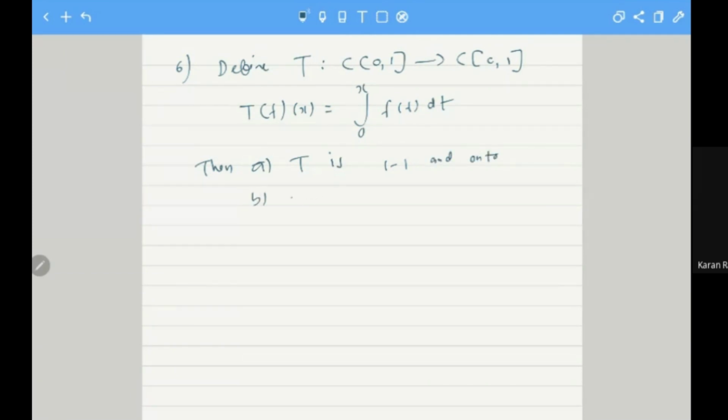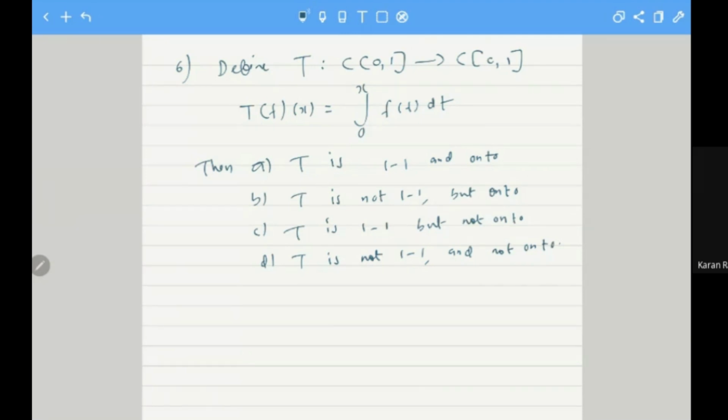Option B, T is not 1-1 but onto. Option C, T is 1-1 but not onto. Option D, T is not 1-1 and not onto.